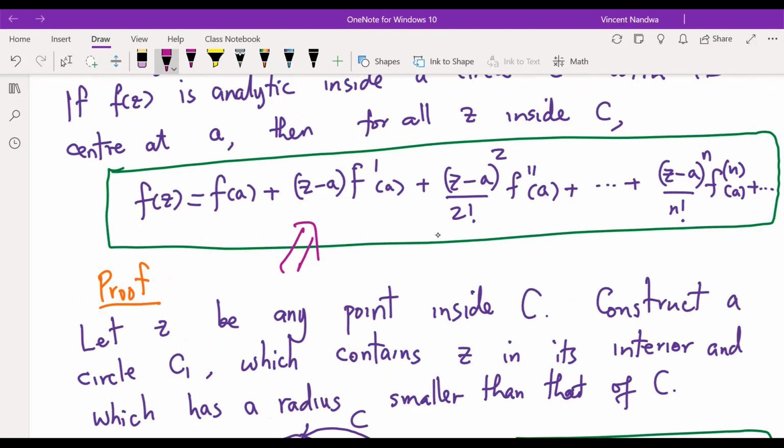So next we do examples to illustrate how to expand a function in Taylor's series. Thank you.